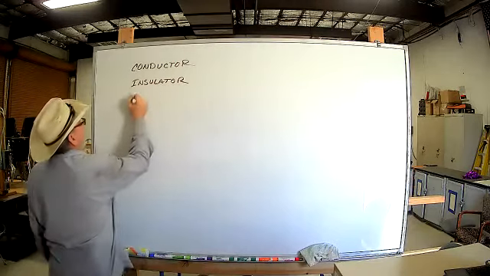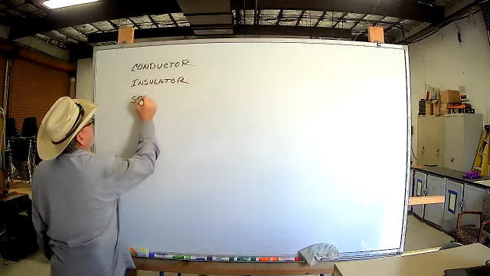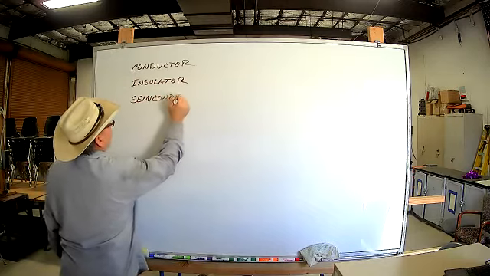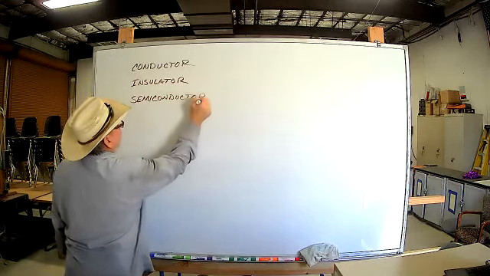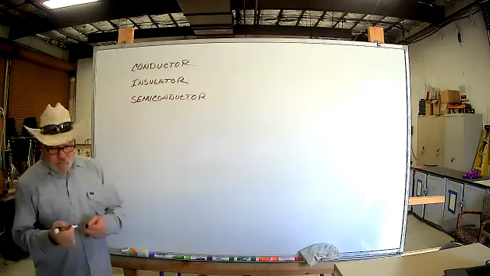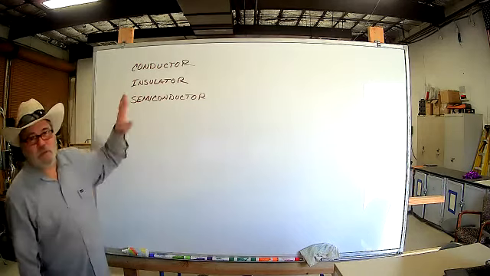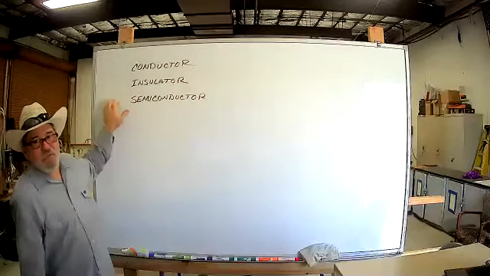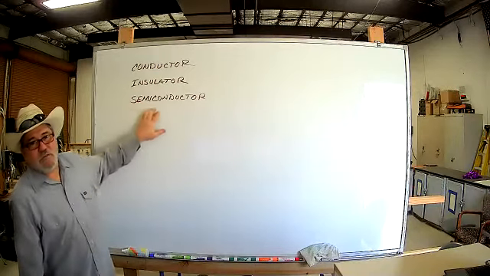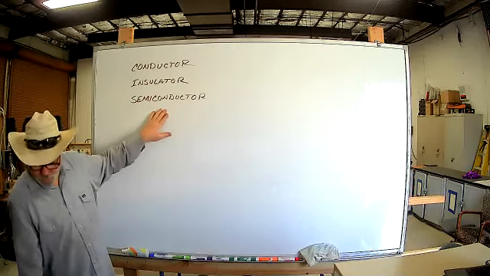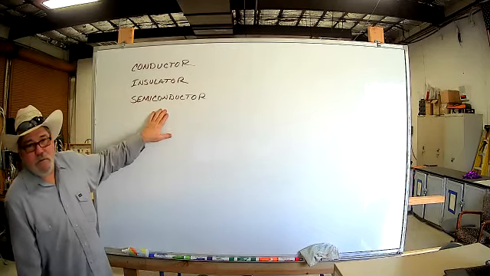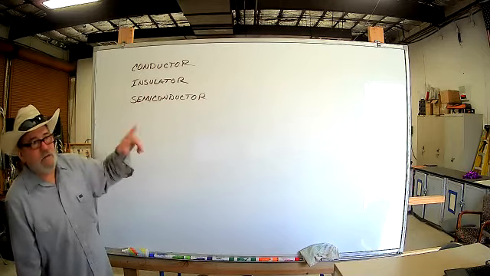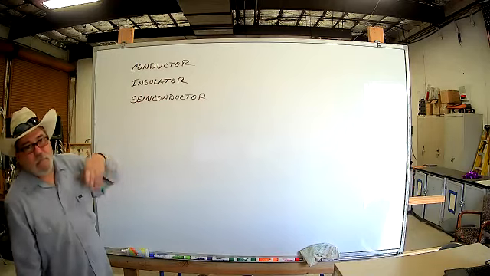Then you have a semiconductor. Okay, now what a semiconductor is, a material. You know, most material is either a conductor or an insulator, but you got a handful of materials that are considered semiconductors. And they are materials with 4 electrons in the valence shell, the outer shell of that atom.